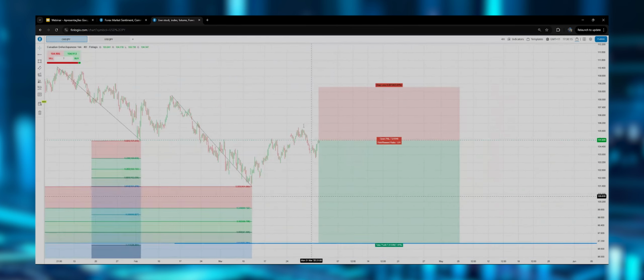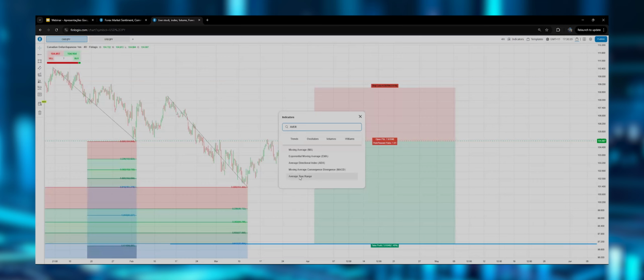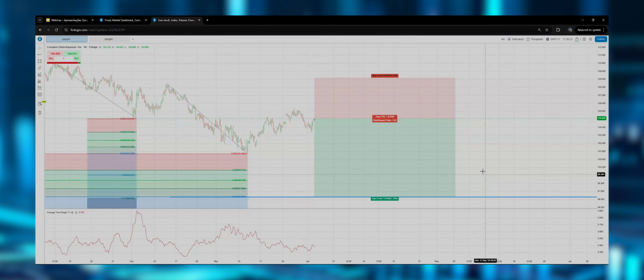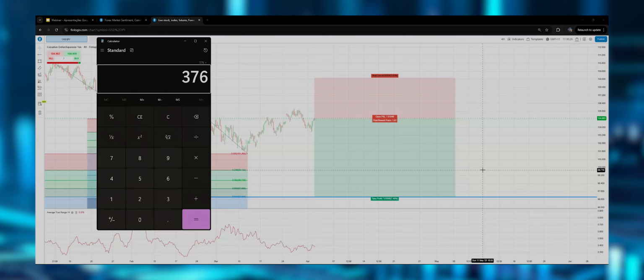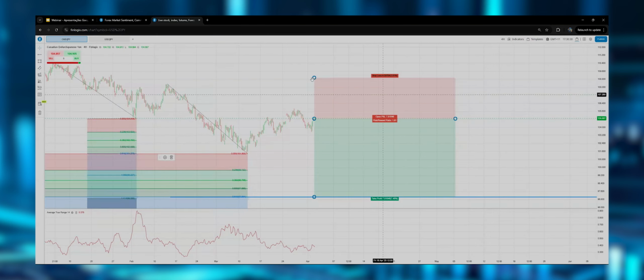Let's calculate the average true range. It's at 376, so 376 times 3.5 is 1316. Right here.